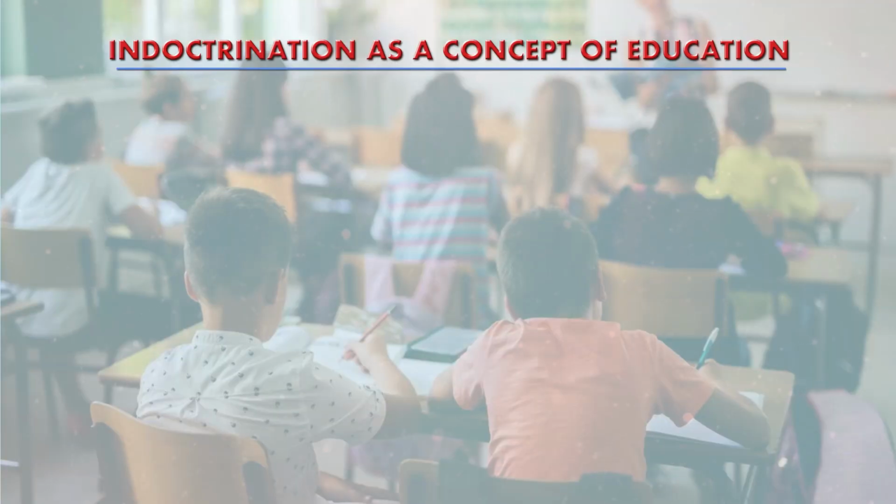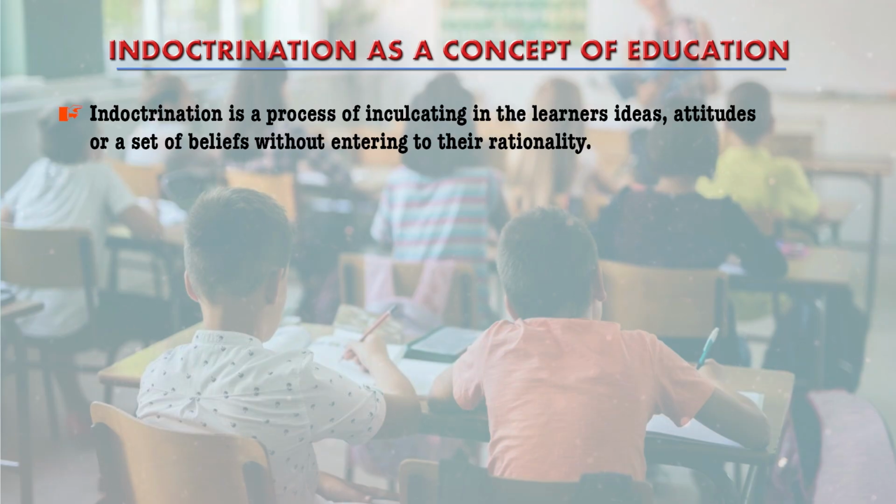And further, indoctrination is also another concept of education. Let us try to understand what is indoctrination. Indoctrination is a process of inculcating in the learner's ideas, attitudes or a set of beliefs without entering into their rationality. So, friends, indoctrination means when you are deeply inclined, when your value system, when you have developed a very positive attitude and you want to do the things.